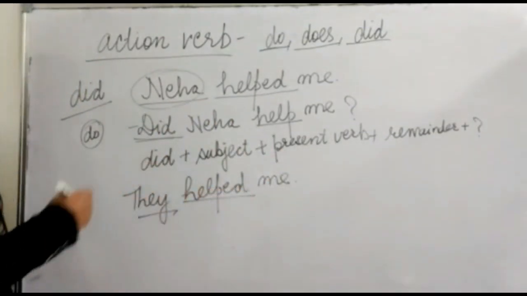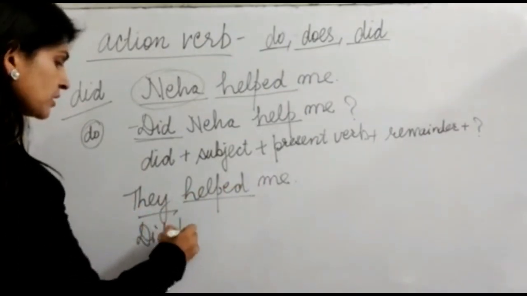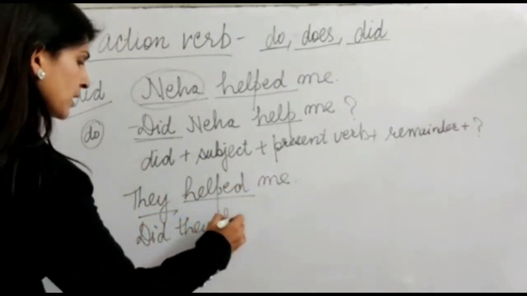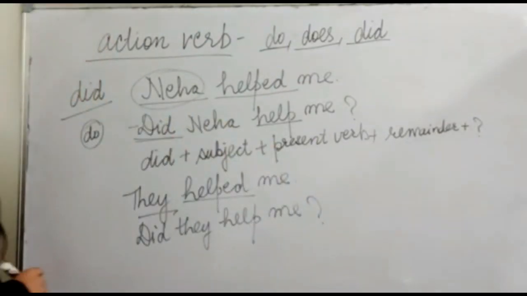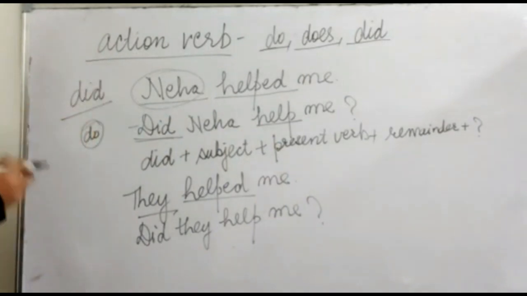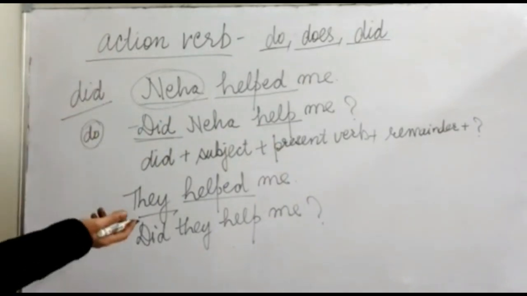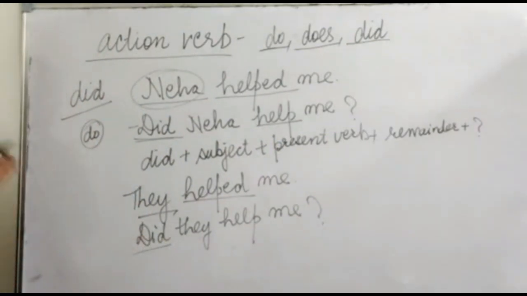The verb is in past. So it will start with did. Did they help me? And then the question mark. Either the subject is singular or the subject is plural in the past, we always start the sentence with did. This is how we change these sentences into the interrogative sentences.